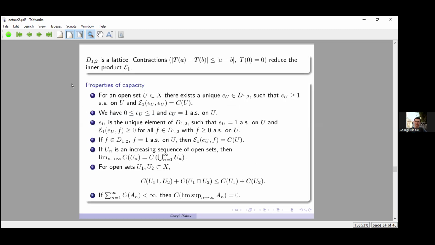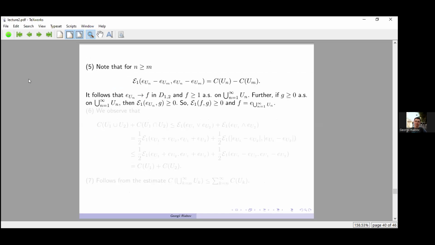And let me recall that the property that a function equals 1 almost surely on U and has non-negative inner products with all functions f that are non-negative on U is actually a characterization of this equilibrium potential, which means that the limit of potentials EUN is in fact the potential of the union.